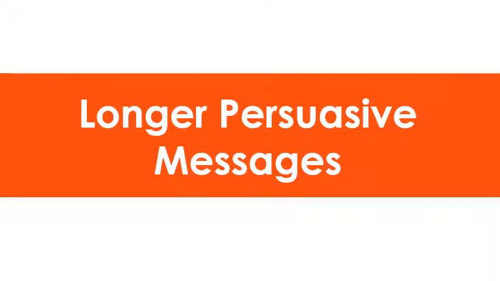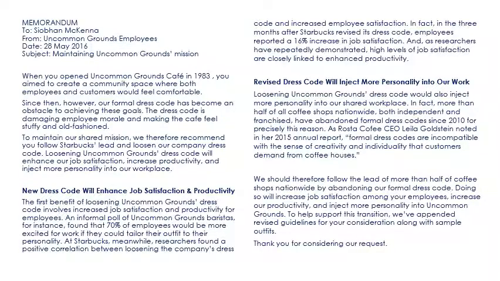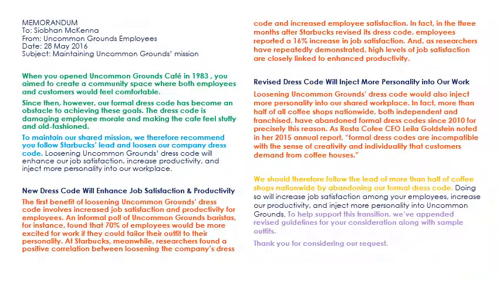Now let's look at a longer persuasive message. As with our previous example, this longer message contains all 4 of those essential elements that are common to every persuasive message. In green, we've got content that identifies the reader's problem or need. And because this message appears to be unsolicited, it's taking a bit more of an indirect approach.